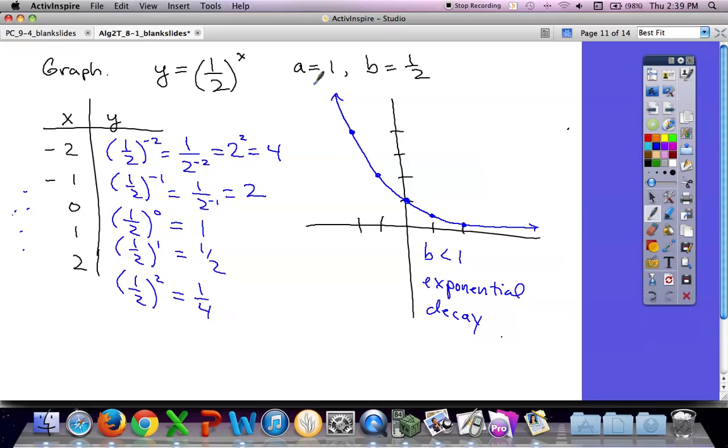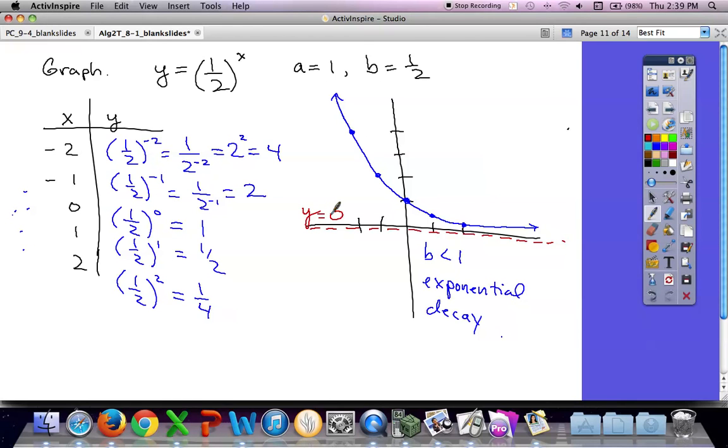As x gets bigger to the right, it's going to get closer and closer and closer to 0, but it's never going to touch the x-axis. So we still have an asymptote on the x-axis. So I could draw that in. Here's our horizontal asymptote right there. Y equals 0.